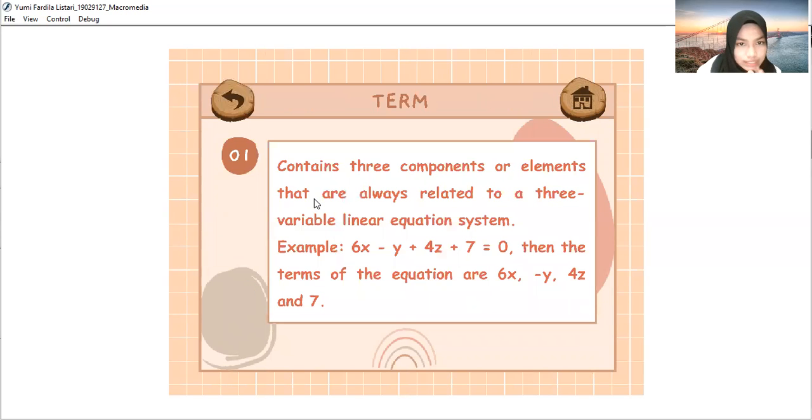This is the definition of term: it contains three components or elements that are always related to a three-variable linear equation system. This is the example of term. The student can learn about term in this session. Okay, the student can click the previous button.